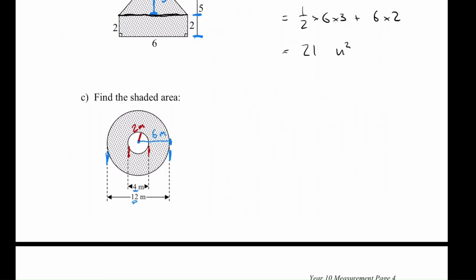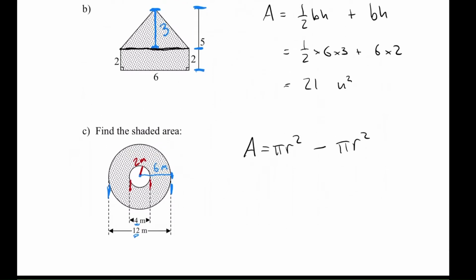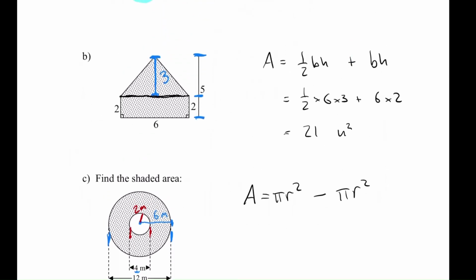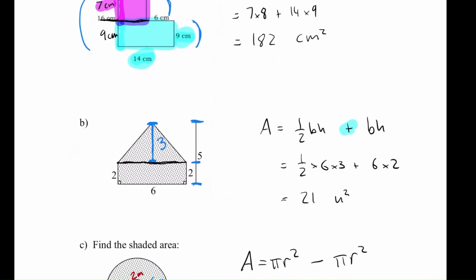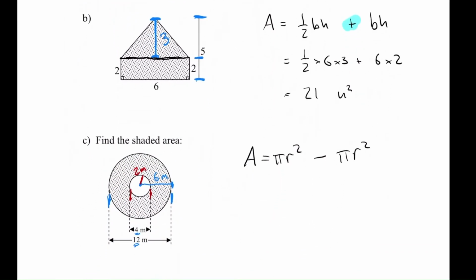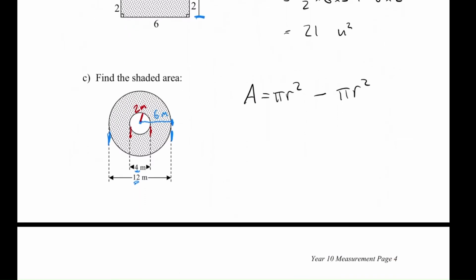Now, what we do here is we calculate the area of the larger circle and we subtract the area of the circle in the middle. We won't always be using addition like we did up here on these composite areas. Sometimes we will have to take away something that we don't want, like in this case. But once we get to here, it's the same process as before.